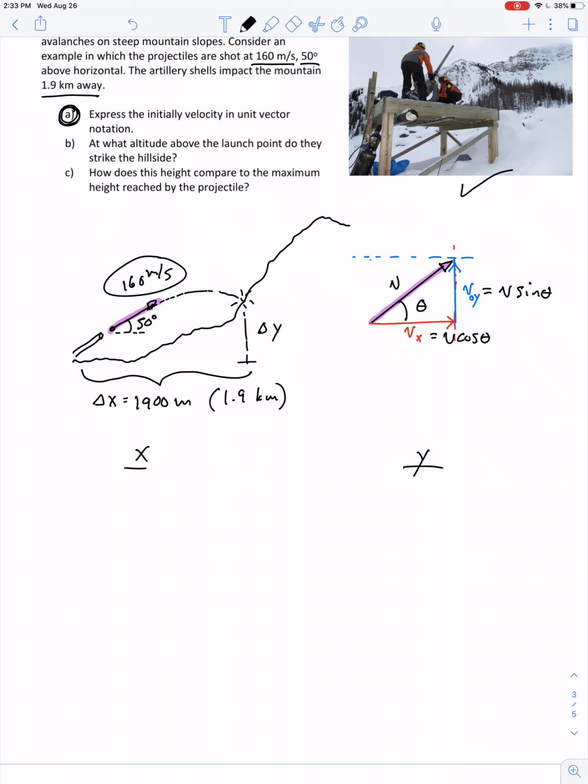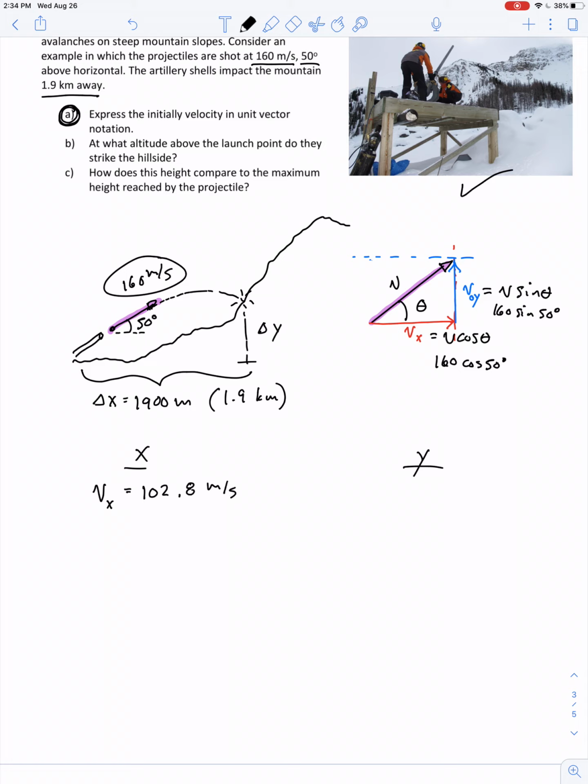So if we crunch the numbers on this one, vertical speed is 160 times the sine of 50 degrees, or horizontal speed 160 times the cosine of 50 degrees. So you can grab your calculator, see what you get. So this comes out to a constant horizontal speed of 102.8 meters per second.